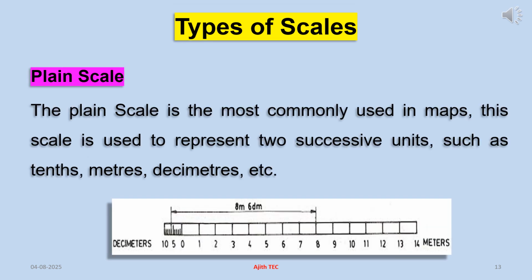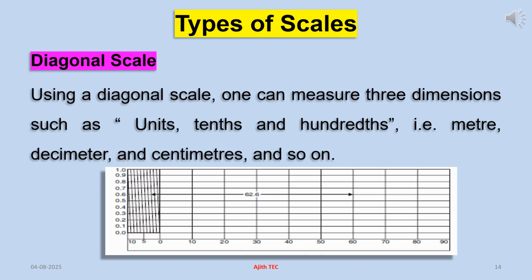Plane scale. A plane scale, also known as a linear or graphical scale, is a tool used in technical drawings and maps to represent distances and measurements. It's a straight line divided into equal parts, allowing for the representation of 2 units or a unit and its subdivision, enabling the reading of distances directly from the scale. Diagonal scale.